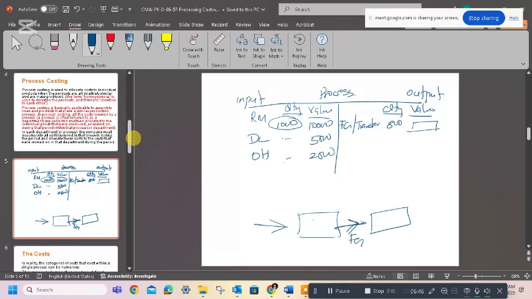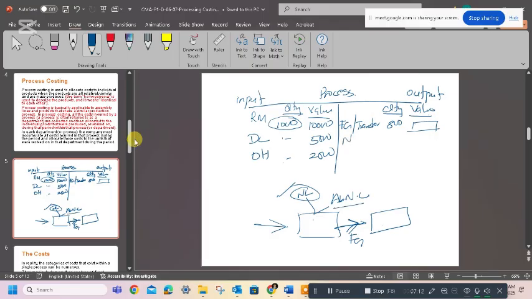Then there can be losses in the process. These losses we have in two categories, normal loss and abnormal loss. Normal loss means expected, anticipated loss. Based on past experience you might know 10% is going to be a loss, or 15% is going to be a loss. So that is already anticipated normal loss. If the loss is more than what you expected, that is abnormal loss.